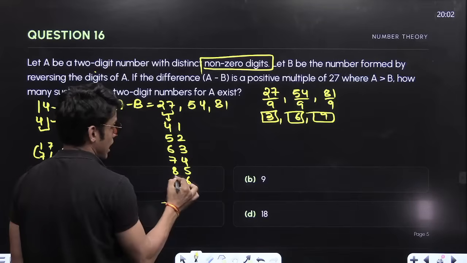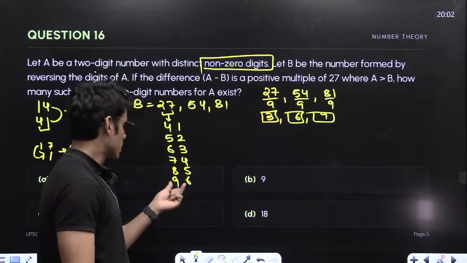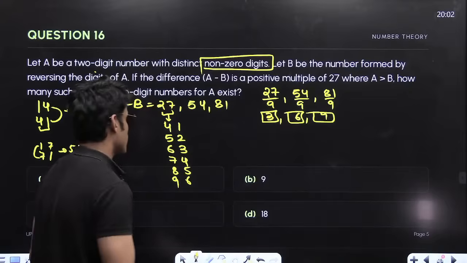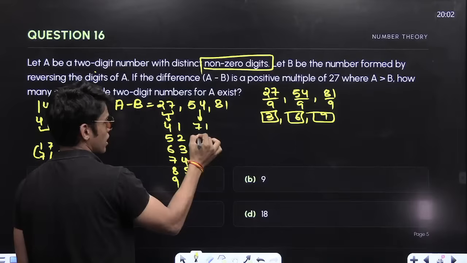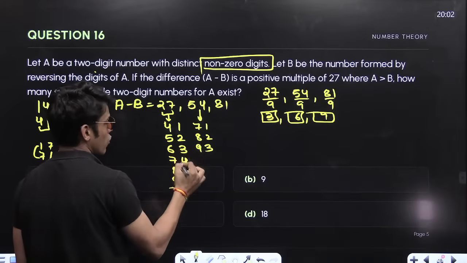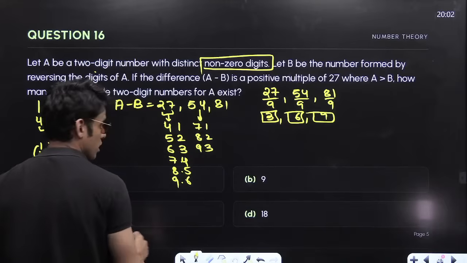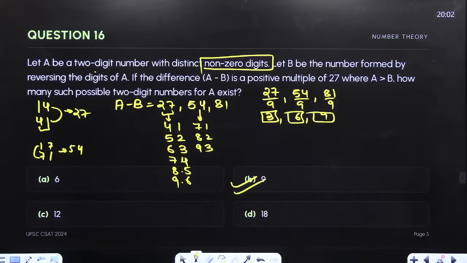And then 96. Basically, we have to use non-zero digits. Otherwise, the next number becomes 07, which is not applicable here. For 54, I can have 71, 82, 93. So 1, 2, 3, 4, 5, 6, 7, 8, 9. So 9 is going to be the correct answer.